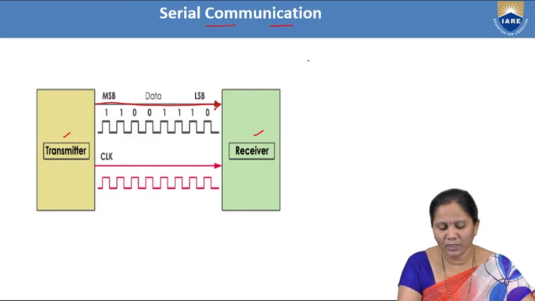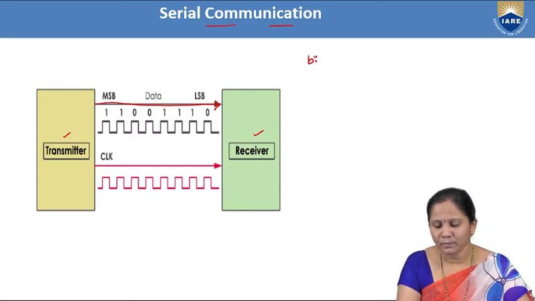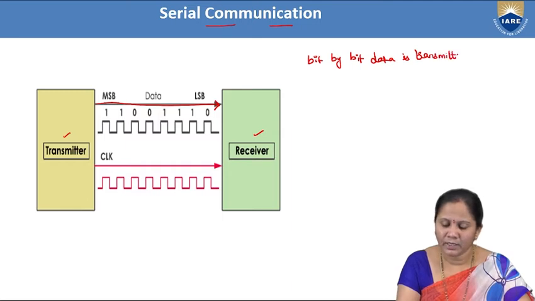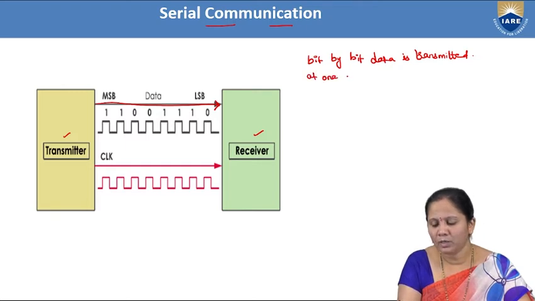So in serial communication, data is transmitted bit by bit at one clock pulse.